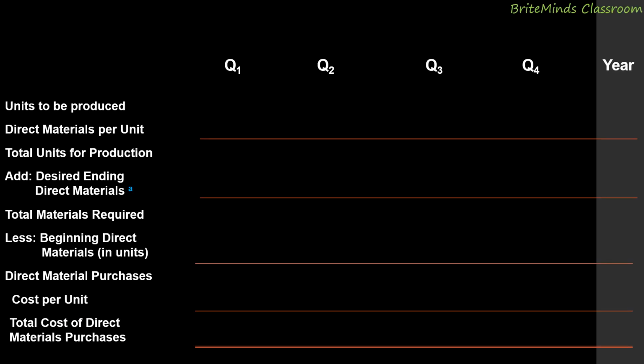All right, so we have here our pro forma for our operating budget, which is the direct materials budget. We can see that it shows 4 quarters, since the illustration states that we will compute the direct materials budget by quarter.